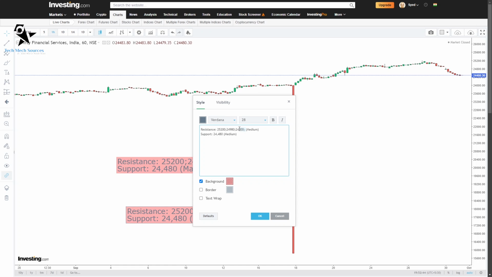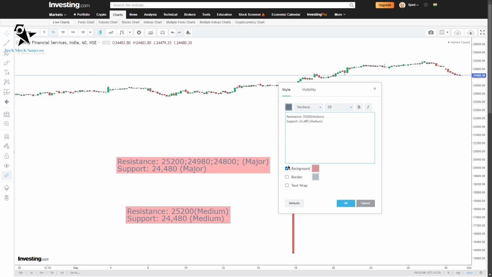Hourly chart tells us about the medium supports, where the resistance is 25,200, 25,000. Then it is 25,980, right? Which is also given in the major, so I'm not writing it here.